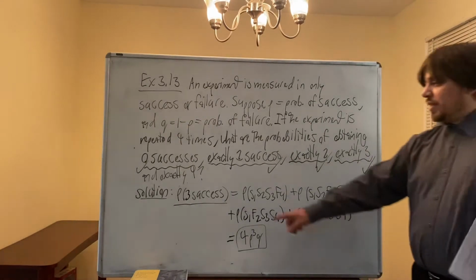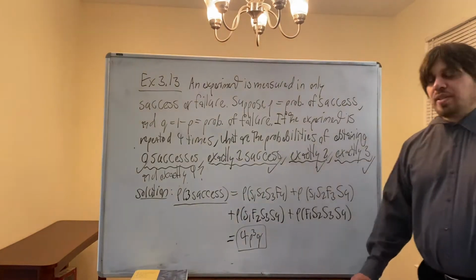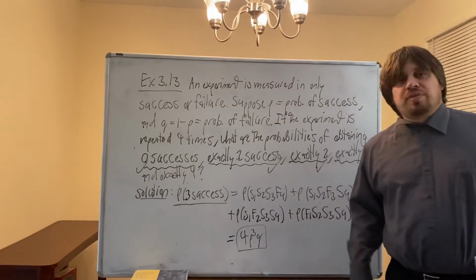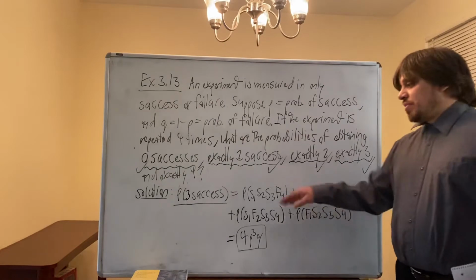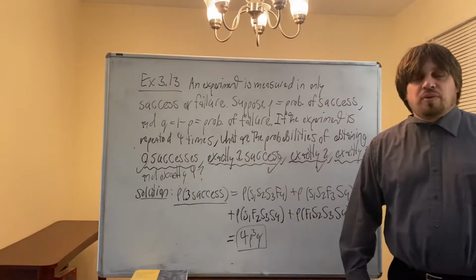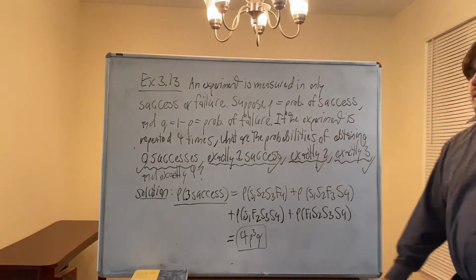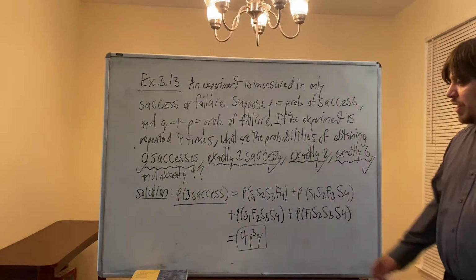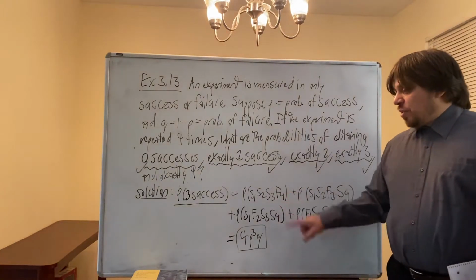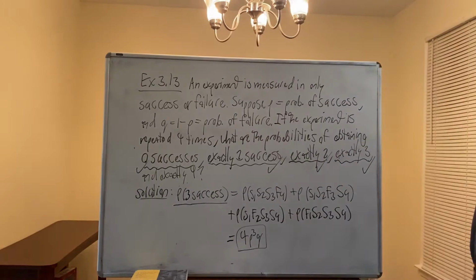Makes sense? And I'm leaving out the in-between step where the probability of 3 successes is the probability of the union of these 4 mutually exclusive events, which is then equal to the sum of the probabilities of those 4 mutually exclusive events by axiom 3. But each one of these is p cubed q, and there's 4 of them, so it's 4 p cubed q when you add them up.